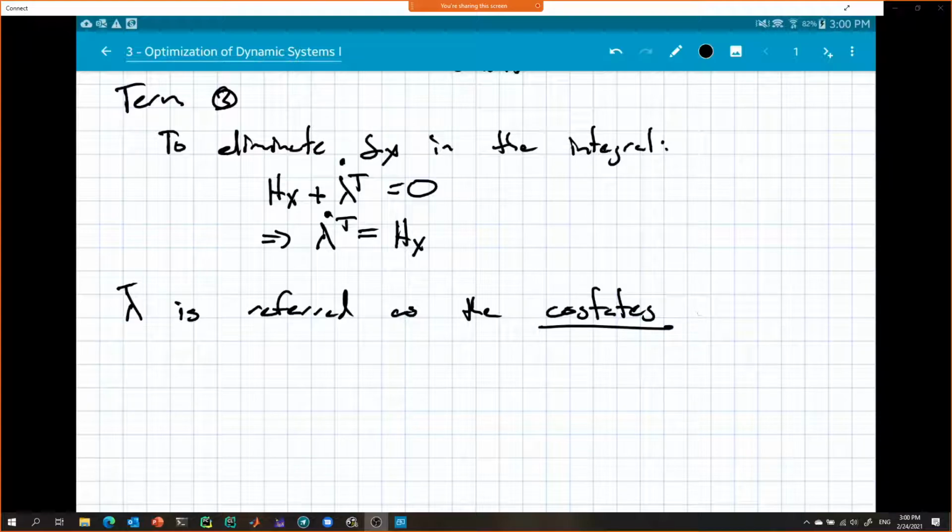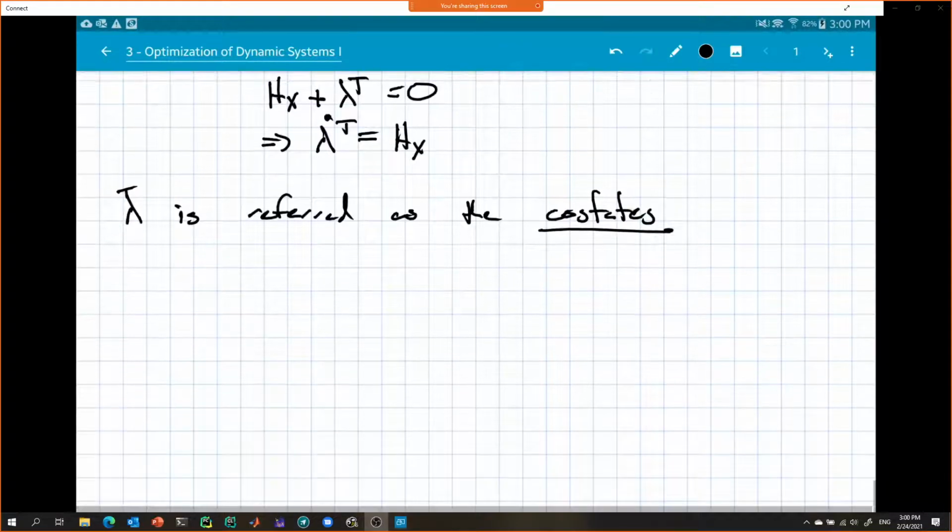This is because you can see from the dynamics, for every state we have a costate. They're also in some places referred to as dual variables. So from now on, every state is going to have a partner costate.